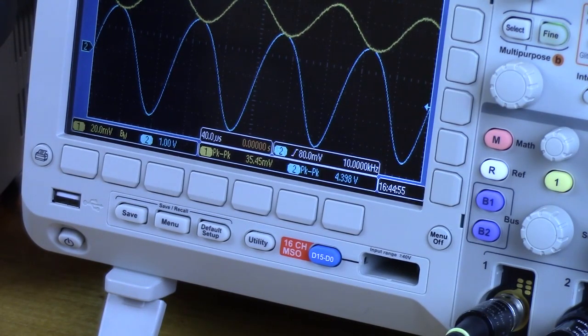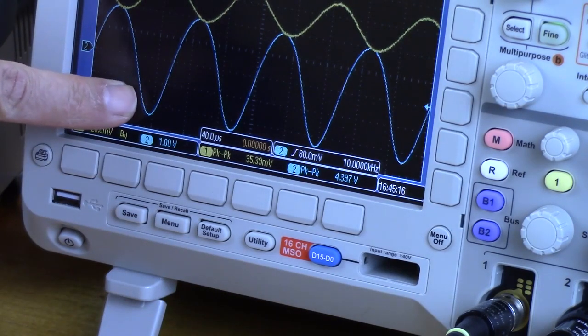Okay. So I should have prepared that also. 122. Okay. So the question is, how do we know we've reached our pole frequency? We've reached our pole frequency when the output here drops by 0.707.